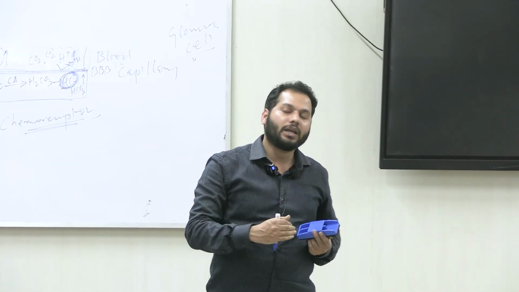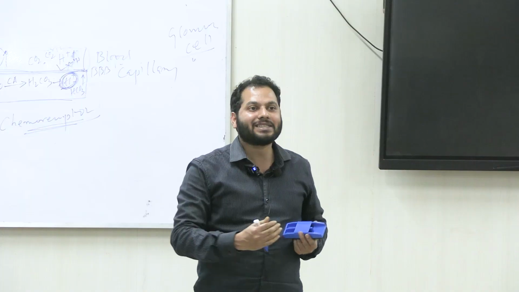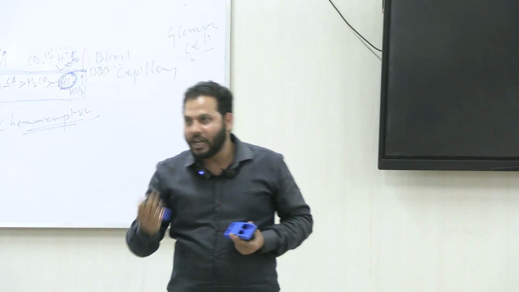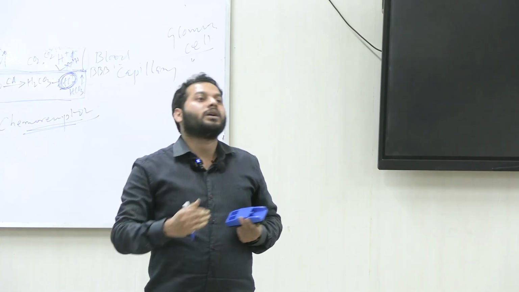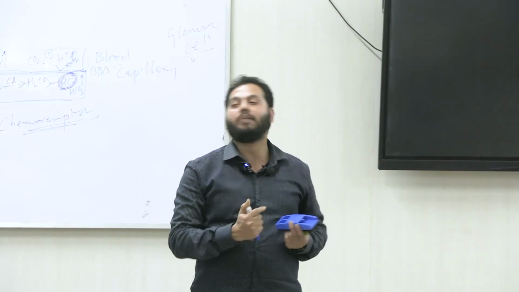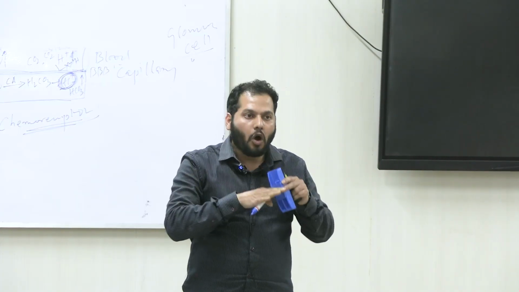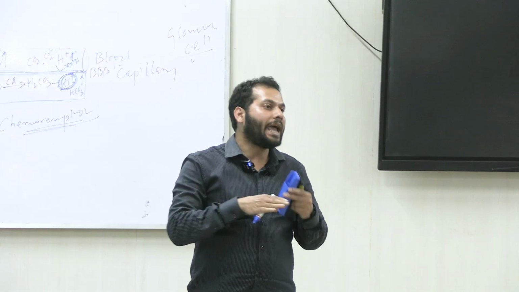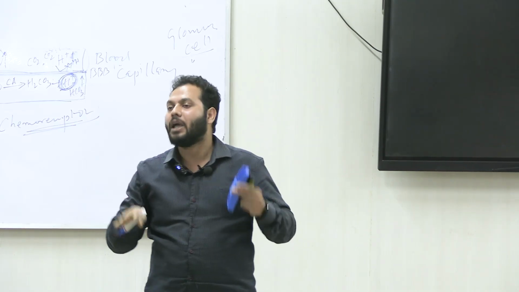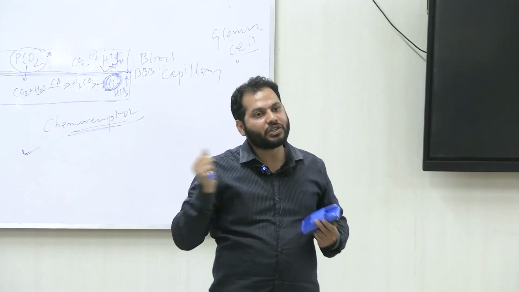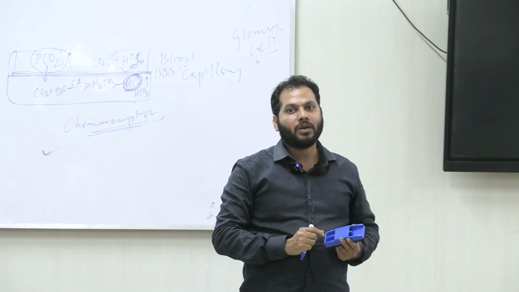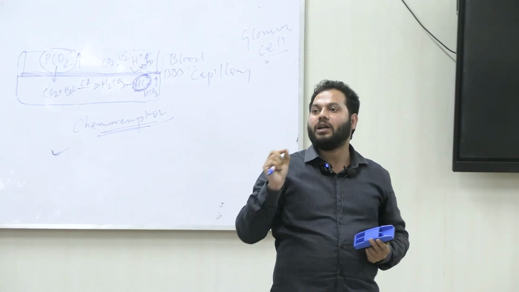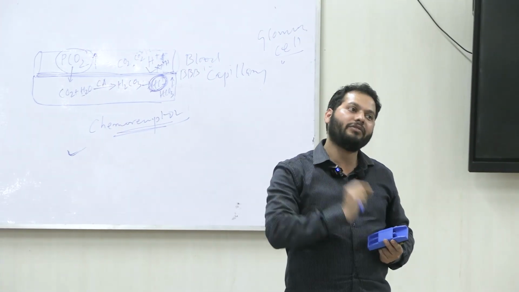They either increase or decrease the ventilation rate, which ultimately helps to maintain the optimum conditions. They help to maintain the homeostatic balance of blood chemistry. So this is the chemical regulation of respiration.